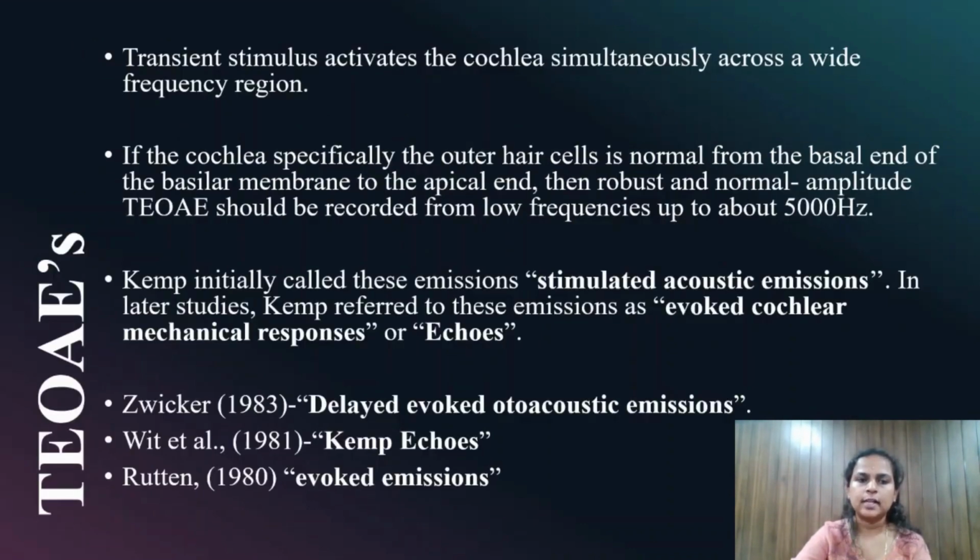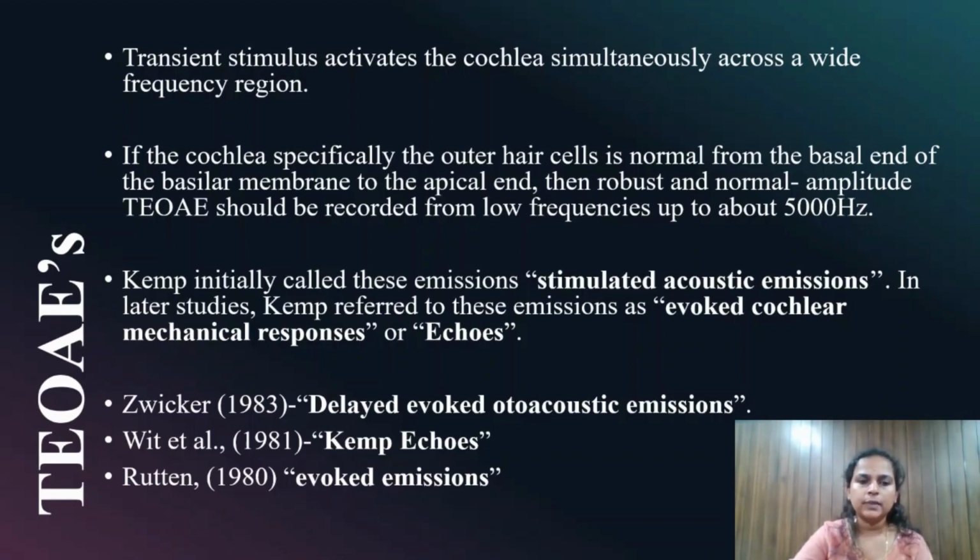The transient evoked stimulus activates the cochlea simultaneously across a wide frequency region. If the cochlea, specifically the outer hair cell, is normal from the basal end of the basilar membrane to the apical end, then robust, normal amplitude TEOEs should be recorded from low frequencies up to about 5 kHz.